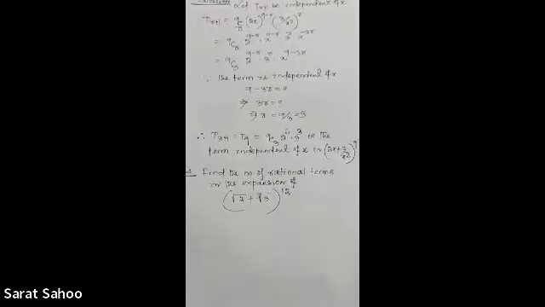This is the question, try to answer. Find the number of rational terms in the expansion of (square root of 2 plus cube root of 3) raised to the power 12. Try to answer this question.